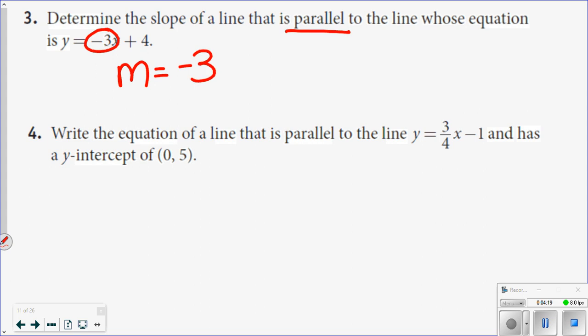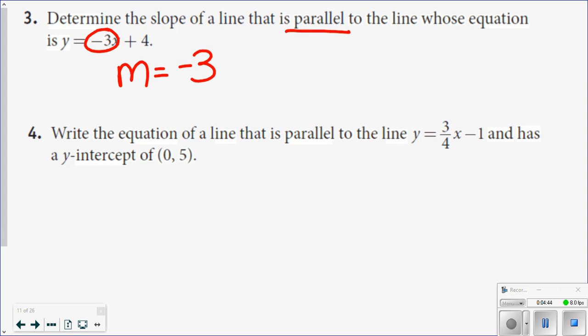It has to be the same. So if I said I have a line with the slope of 22, a line parallel to that is also going to have a slope of 22. They're always going to be the same.